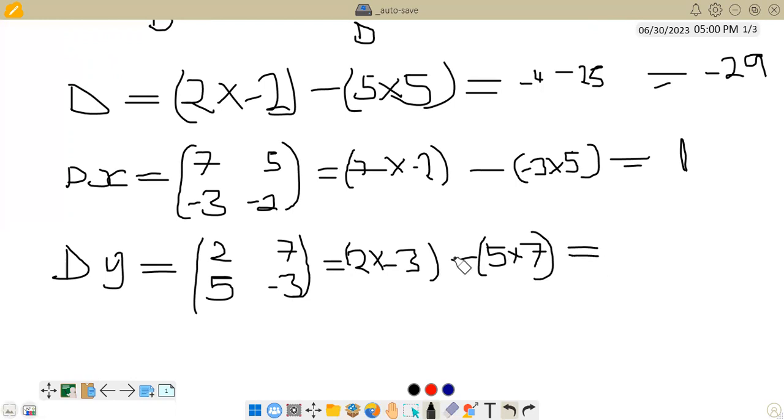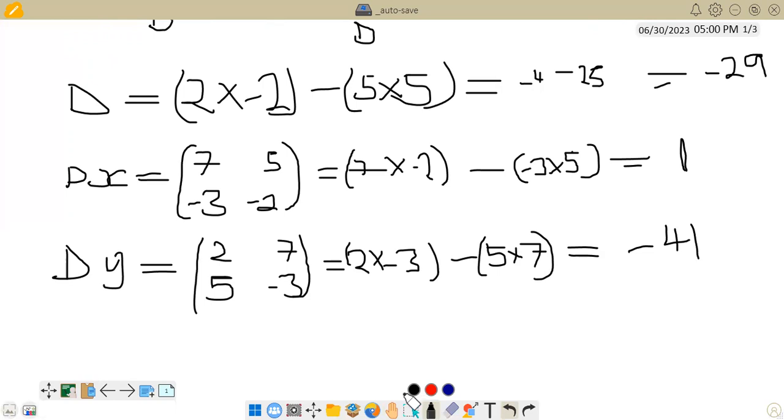If we simplify this, it will be negative 6 minus 5 times 7, which is 35. So it will be negative 6 minus 35. So the answer here will be negative 41.